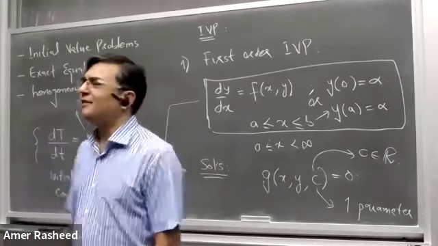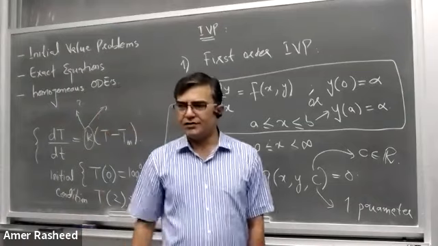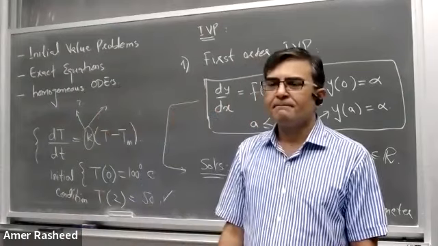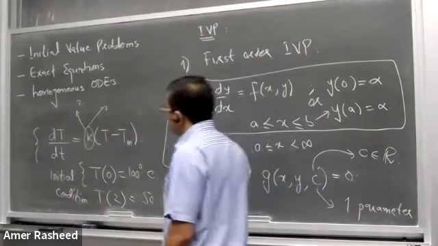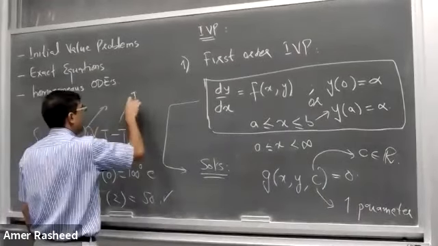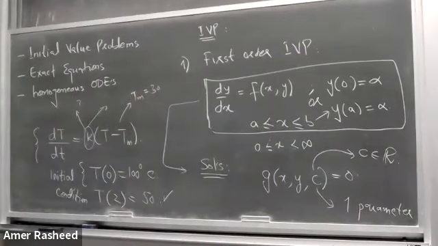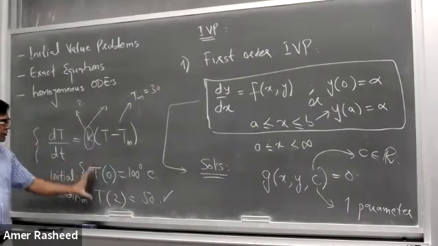That other condition helps us to find the value of the other unknown constant. If I ask you to solve this problem where k is unknown and Tm is maybe 30 again, or any other constant, we are given two conditions.